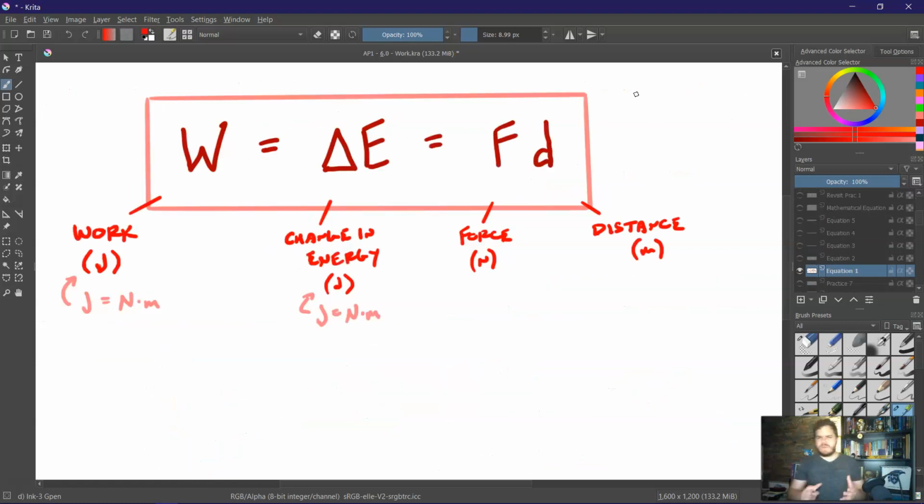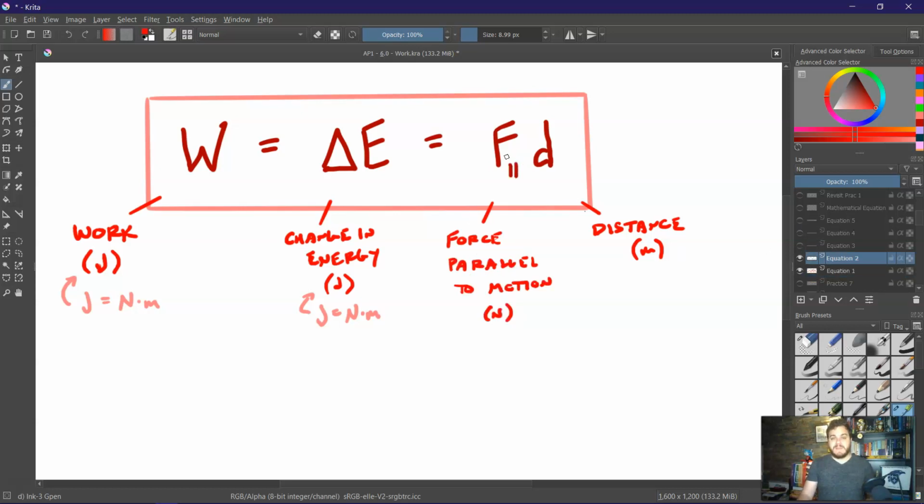But as you saw, this equation doesn't really contain all the subtleties that it needs for us to fully understand how exactly forces contribute to work, or that change in energy. So we actually need to make an addendum to it. It's not just going to be force times distance. It's going to be specifically, and I'm going to put two little lines here, which is the symbol for parallel.